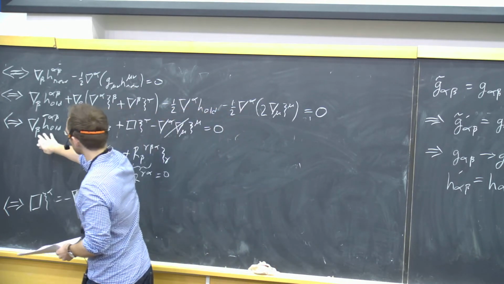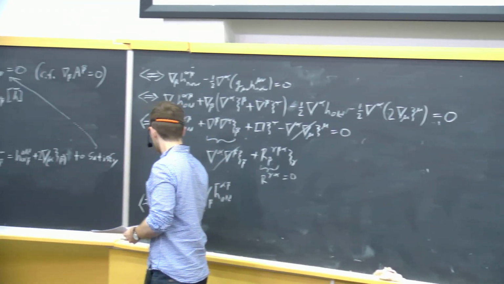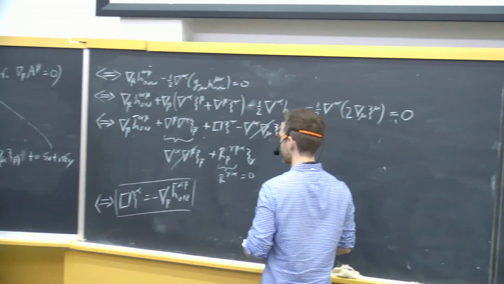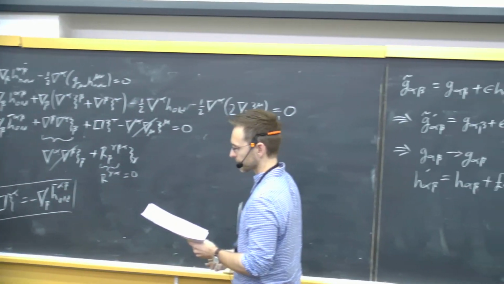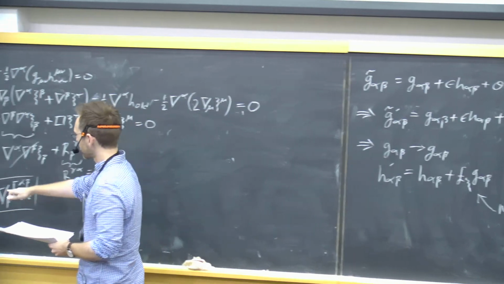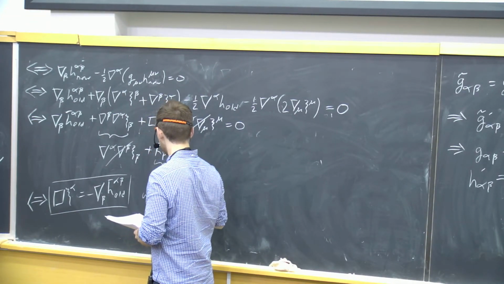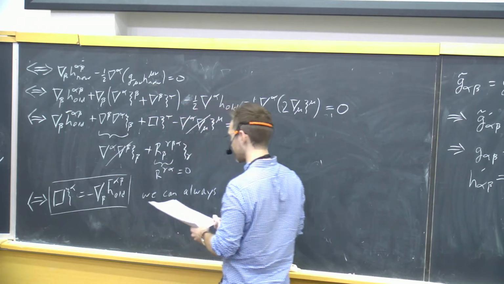So I'm moving this to the right-hand side. Now this is a hyperbolic equation that we can always solve for xi. So this will have a well-posed initial value problem.